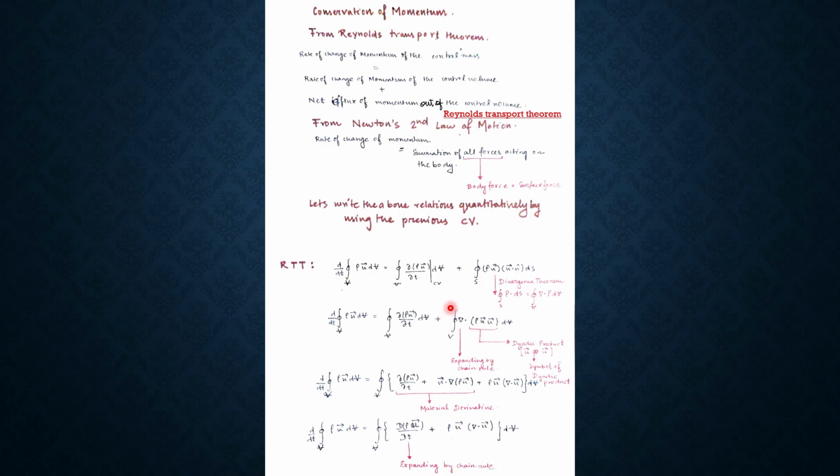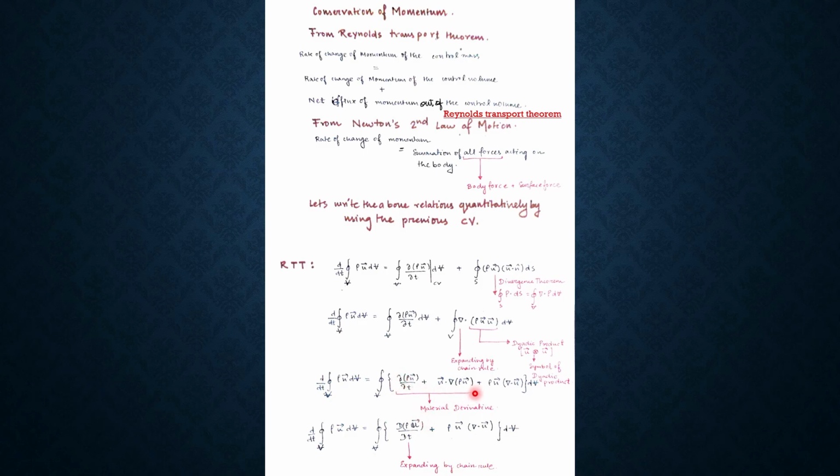Now I expand this divergence by using the chain rule of derivatives and end up with an expression like this: d by dt of the volume integral of rho u dV equals the integration over volume of del rho u by del t plus u dot nabla of rho u plus rho u into nabla dot u, or divergence of u.